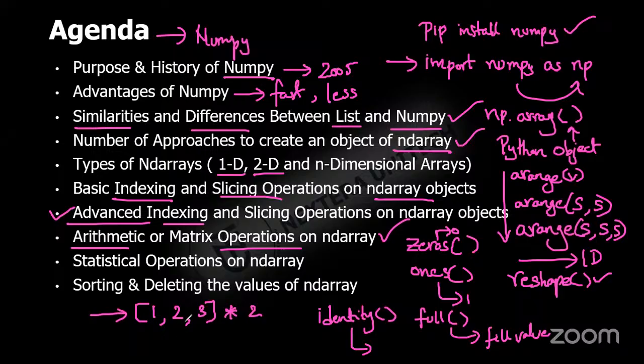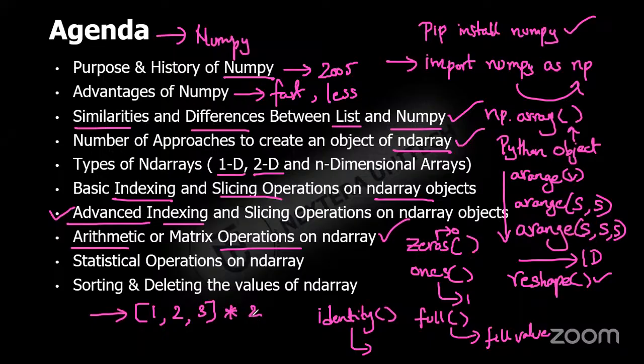Can you guess? Everyone has to respond. Don't sit idle. What happens if I multiply a list object with an integer? What will I get?